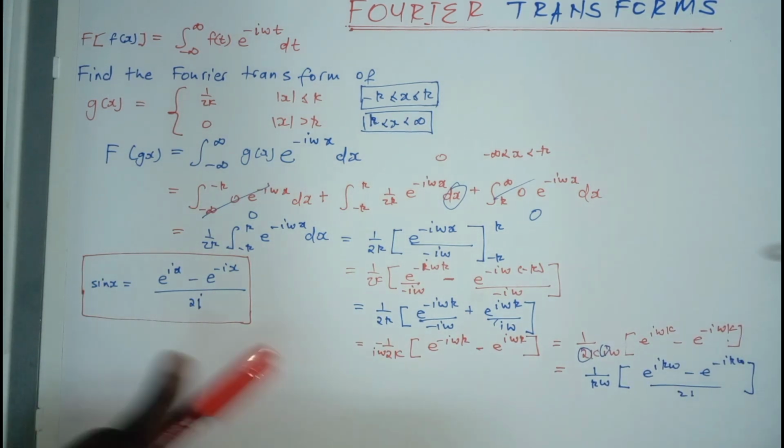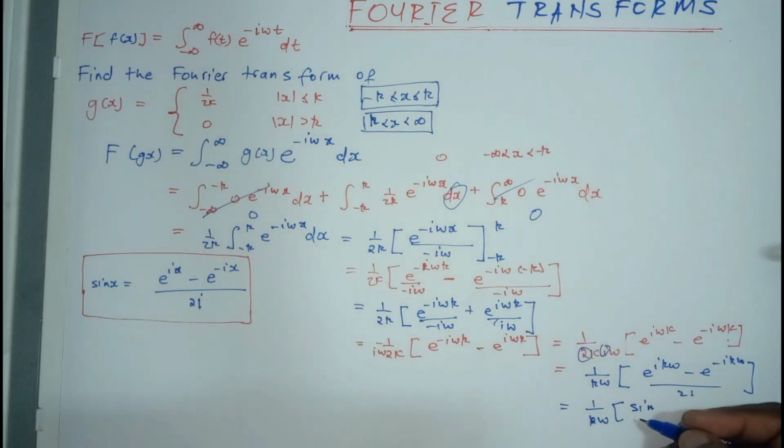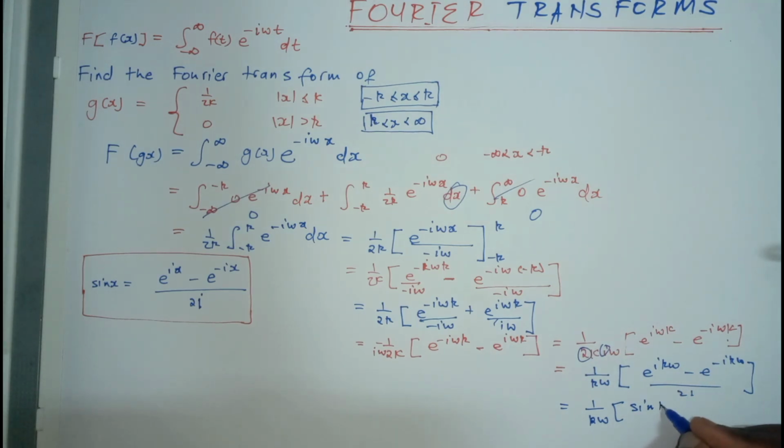Now we're good. We can write this as 1 over k omega times sine x, where x is going to be k omega. So this is going to be our final answer.